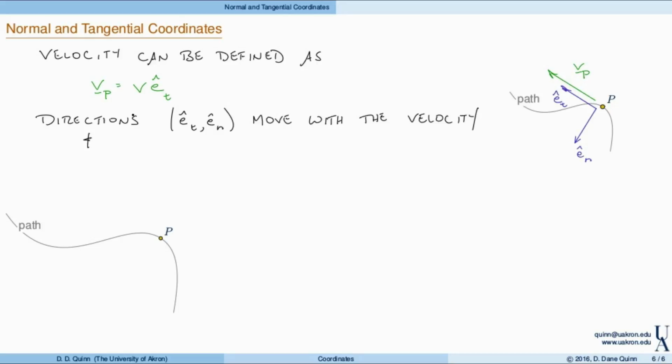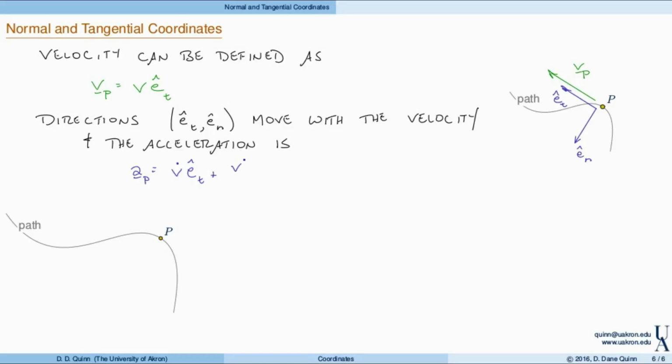And here I won't derive this, but I am going to go ahead and state it. The acceleration is defined as A of P is V dot in the et direction. So really what we're doing is taking the derivative of the magnitude in the et direction plus the magnitude times the derivative of et, how et changes in time.